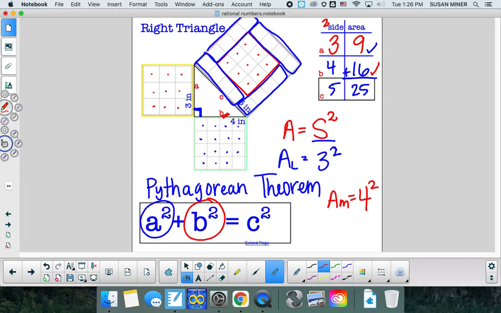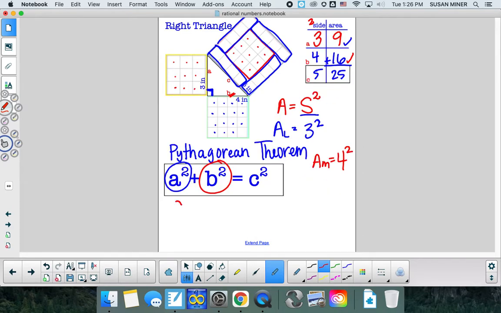So he noticed that those two areas, 9 plus 16, equal the area of the big square, of the hypotenuse squared. So the area of the big square is 25.